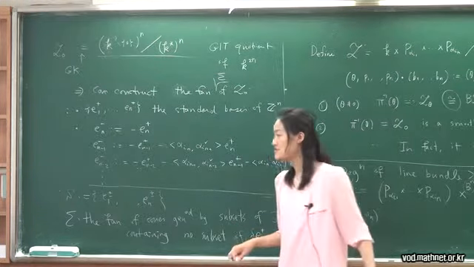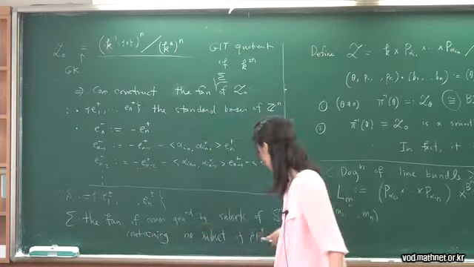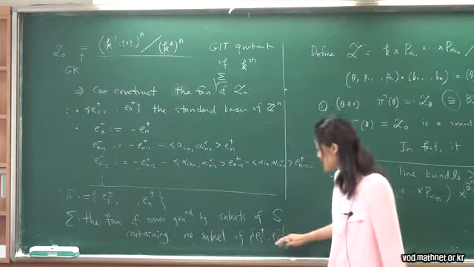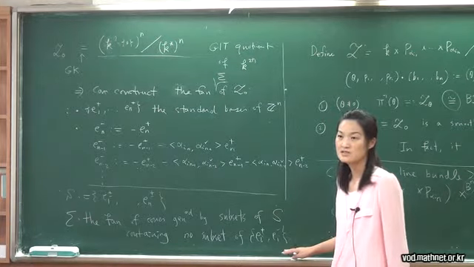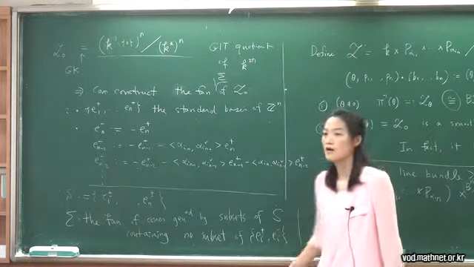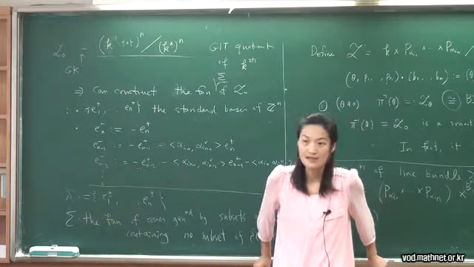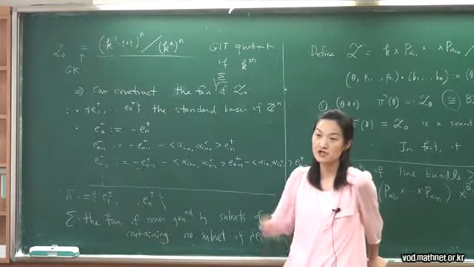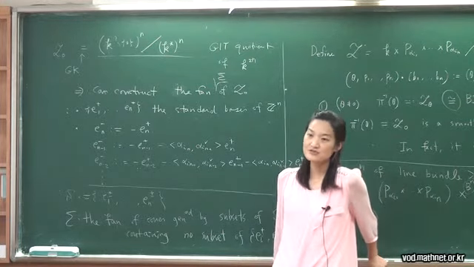You can use any rays, but you cannot include Ei plus and Ei minus at the same time, which means any choice of n vectors will give you an n-dimensional cone. And this plus minus should be alternating. So it is obviously a smooth fan.